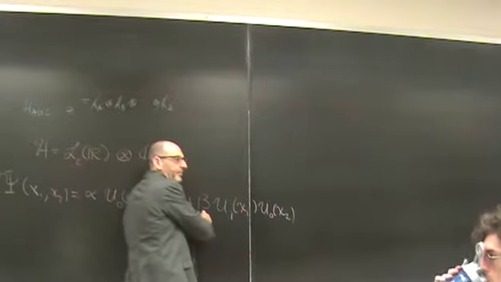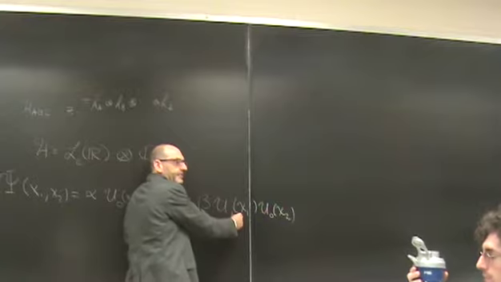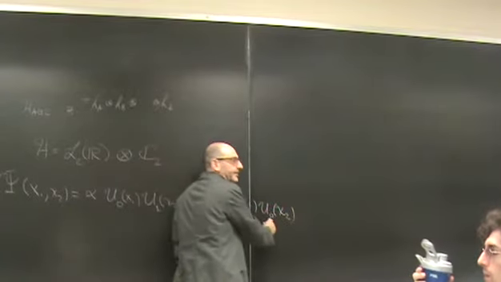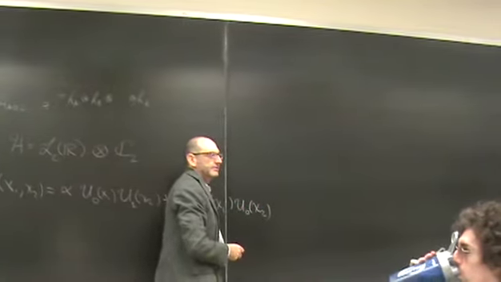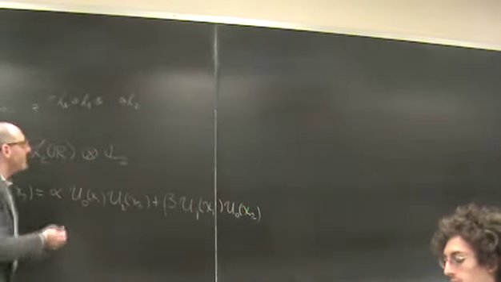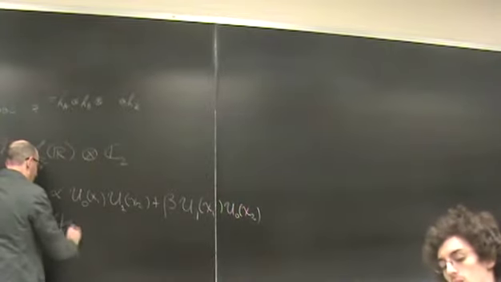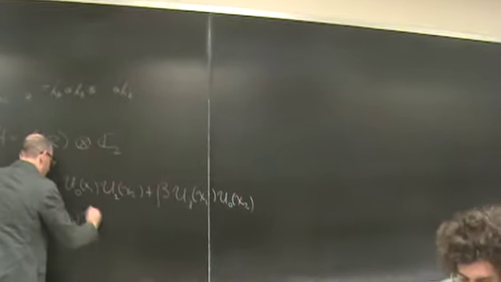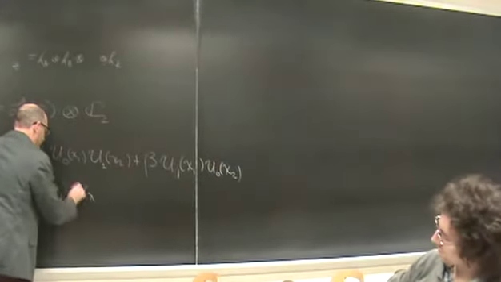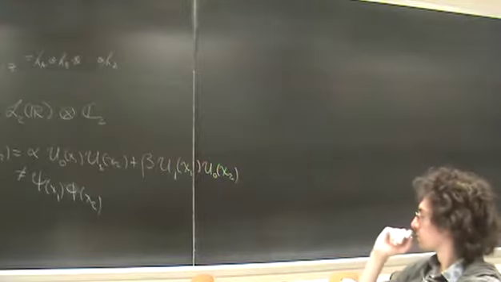And there's some probability amplitude beta that particle 1 is in the first excited state and particle 2 is in the ground state. This is not a product state. There is no way to write this as some psi(x1) times phi(x2).